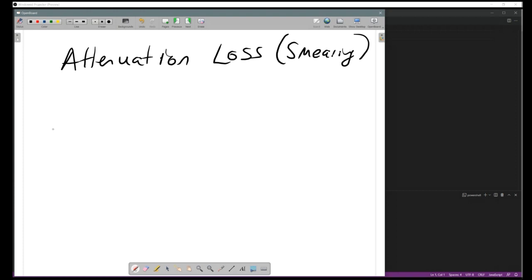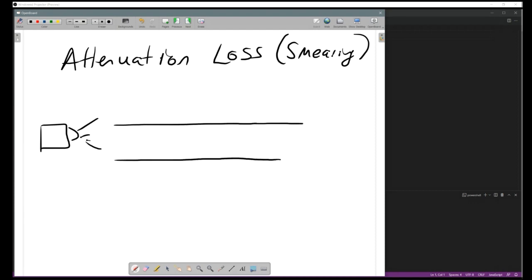Okay, so again, we have our transmitter, we have our cable, and we have our receiver. In a perfect world, I'm sending beams of light, and when I don't want the data being sent, there will be a gap in the transmission.